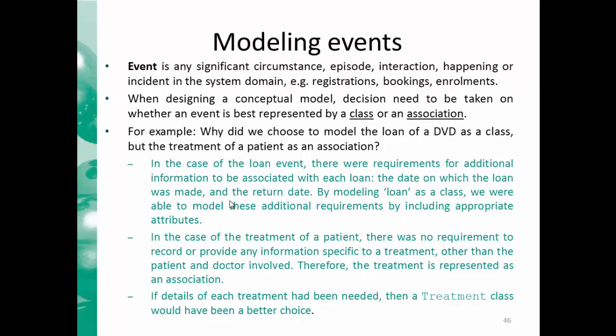Now, a very important part of building the conceptual diagram is to decide whether I want to take an event as a class or as an association. What's an event first?